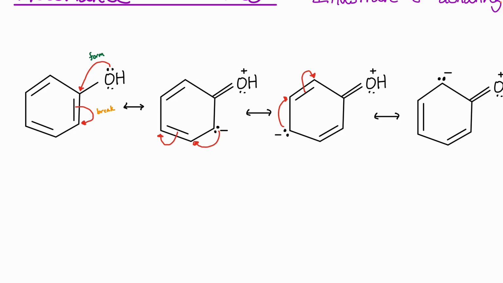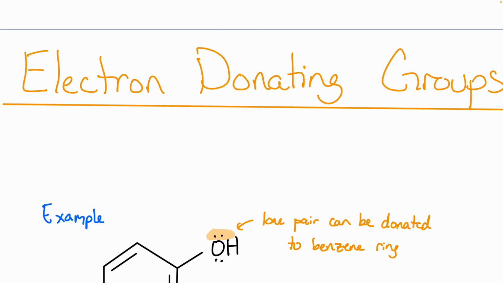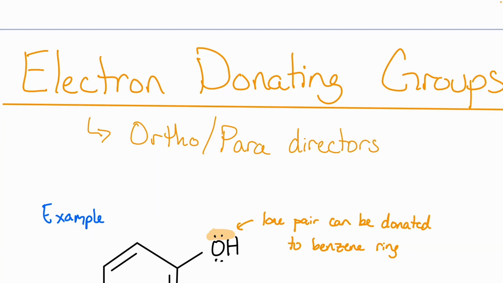So these unstable ones here are how we're going to understand the chemistry of this molecule. Importantly, our electron donating groups are what we call ortho para directors, okay?